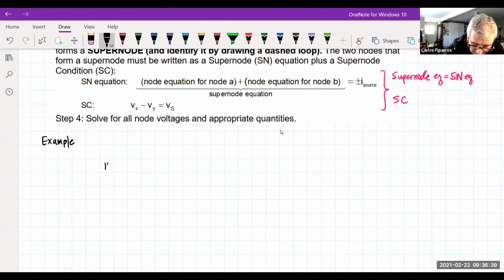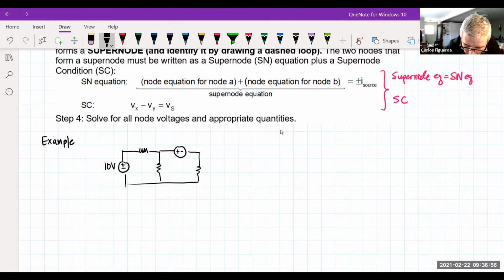So we had a 10-volt source. Okay, so here's what our circuit looks like. And this is an 8-volt source.